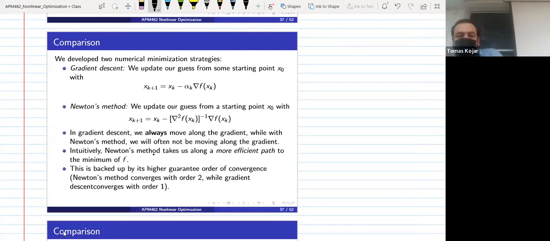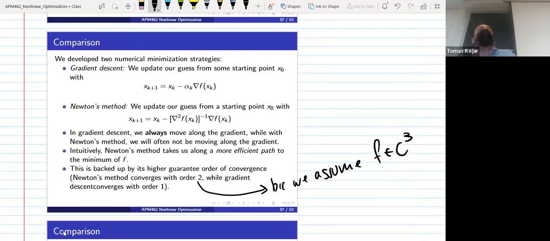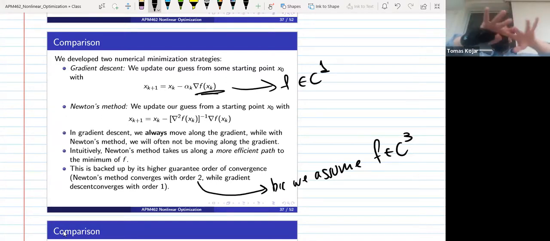We proved last time that this was faster because we assumed that f is C3. You don't have to assume that here. You only want the derivative. Because we assumed C3, we had a faster convergence, because your function is more nicely behaved.